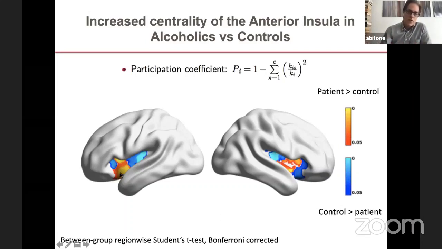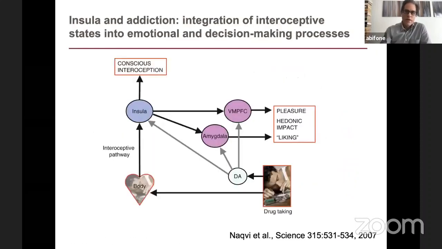Particularly, we have a strong increase of centrality of the anterior insula in the patients compared to healthy controls. This is very interesting, and it has attracted the attention of neurobiologists and cognitive neuroscientists, because that's the way they represent the role of the insula in their cartoons.